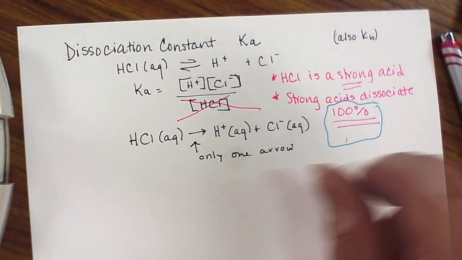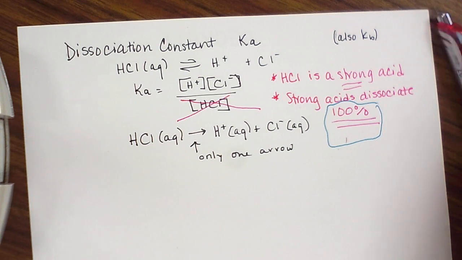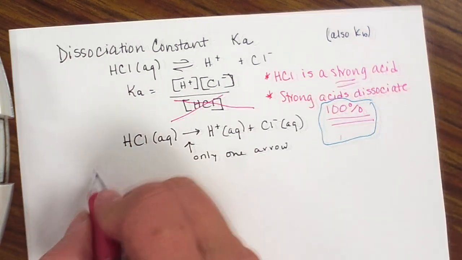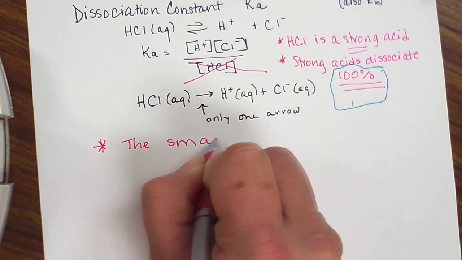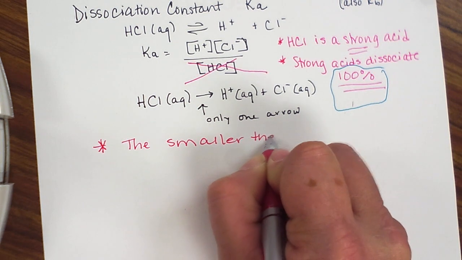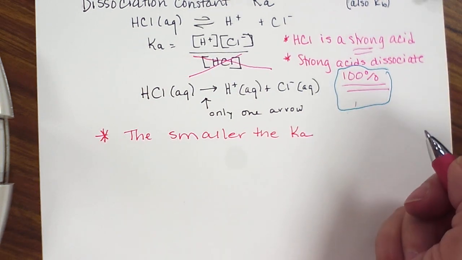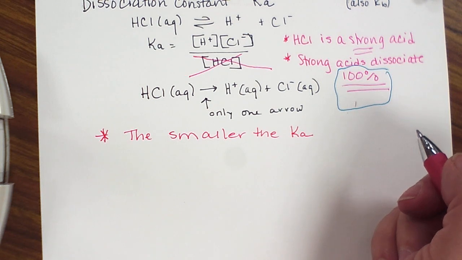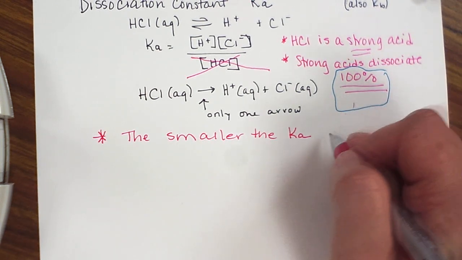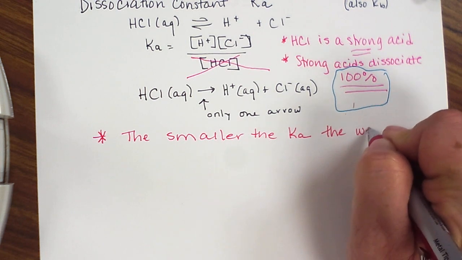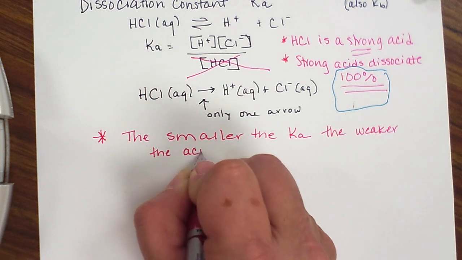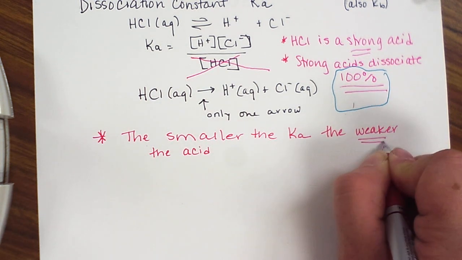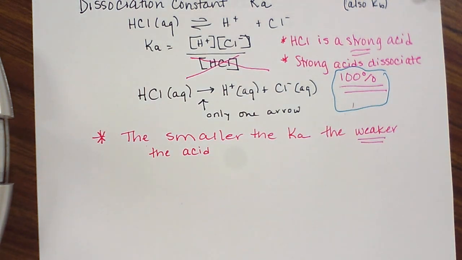The stronger the acid, the weaker the conjugate base. And the smaller the Ka, the weaker the acid. So let's think about that. The smaller the Ka, the lower the product, right?